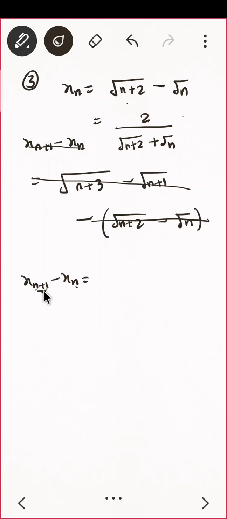So I just consider n plus 1. So in this case, if you want to make your life easy, it is better to consider xn plus 2 minus xn. उधर से भी आएगा, that is not a issue, but I'm just telling you a hint. That is, if this is n, try to take the next number that should be bigger than n. So bigger than n तो कुछ भी चलेगा ना.